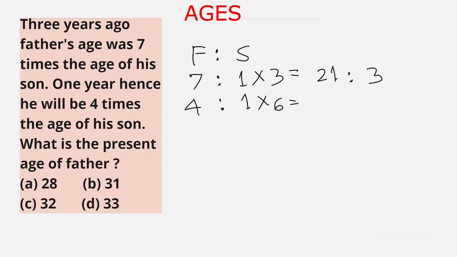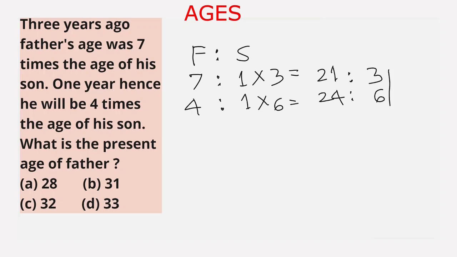Also 6 times 4 is 24 and 6 times 1 is 6. Now the difference between 21 and 3 is 18, as well as 24 and 6 is also 18, and the difference between 21 and 24 is also 3, as well as 3 and 6 is 3.